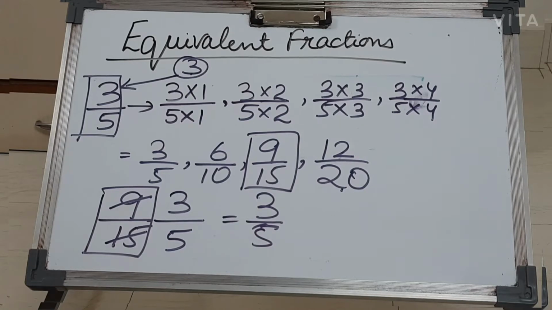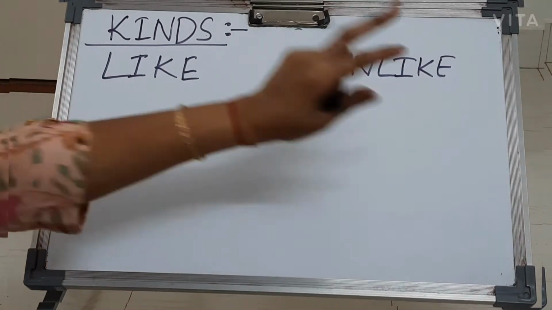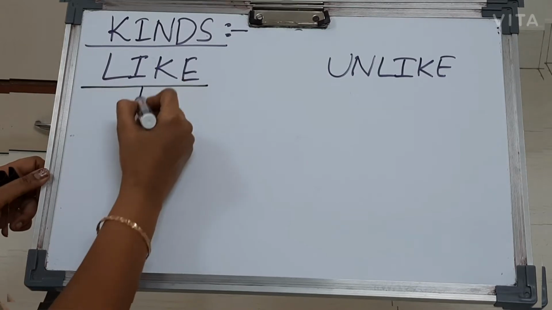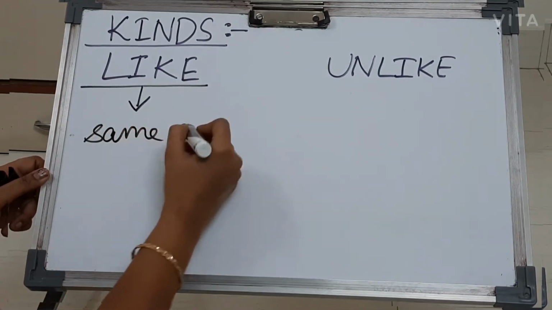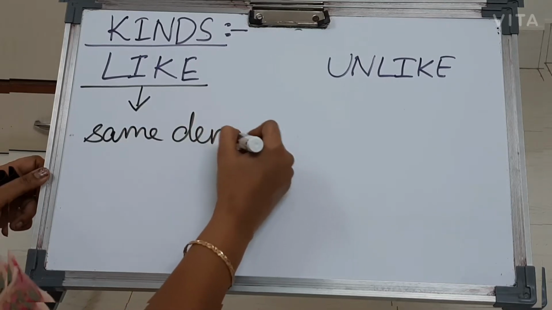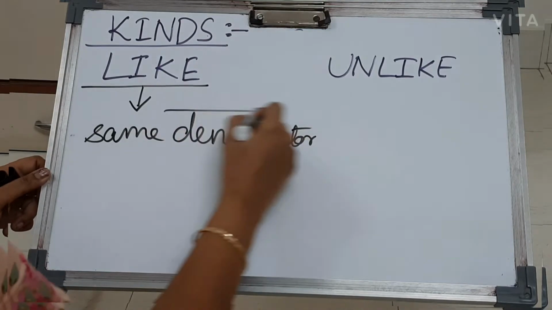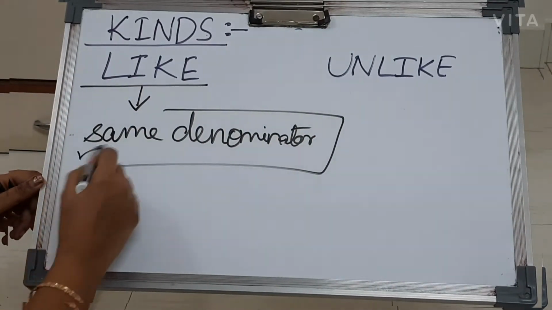Let's start with the next topic, kinds of fractions. First I will take like fractions and unlike fractions. As the name suggests, like fractions means fractions having the same denominator.